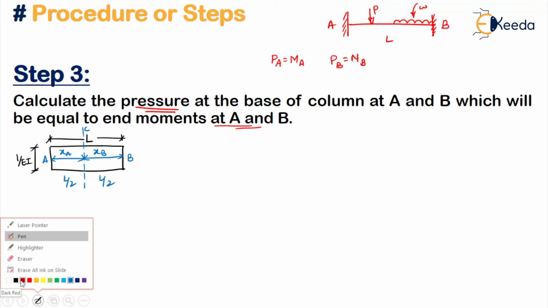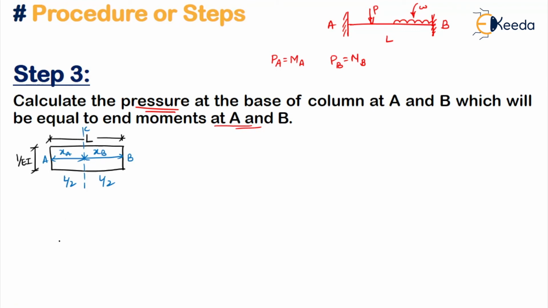So basically in step 3, first you have to put your CG, right? And what you have to do is convert whatever the loading is there. What loading? Your M by EI loading which is there on this particular short column, you have to convert that into an equivalent force and an equivalent moment. So this is your side view.